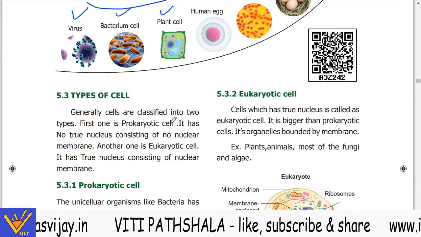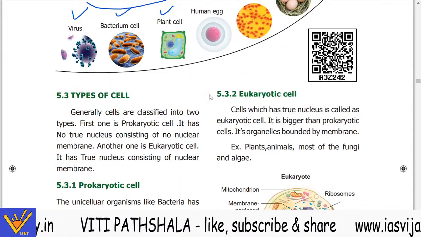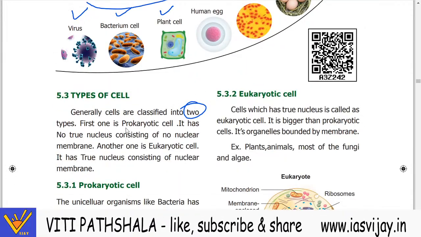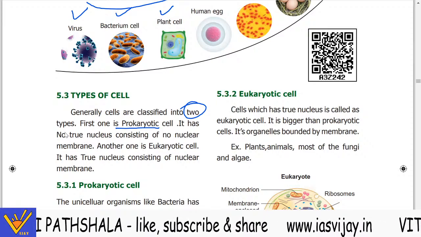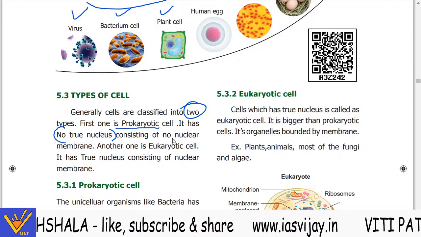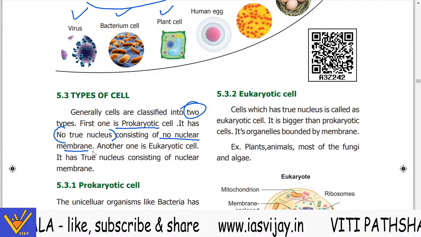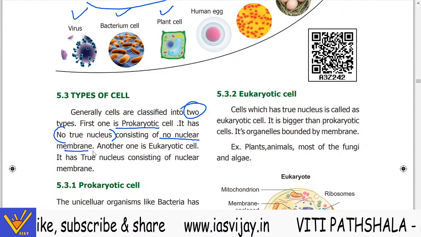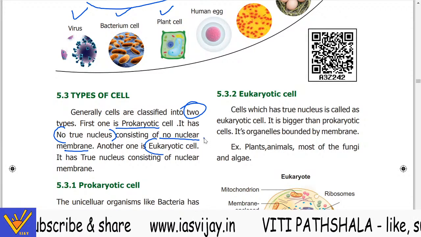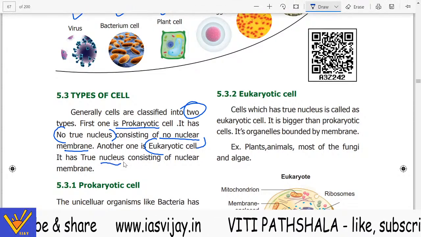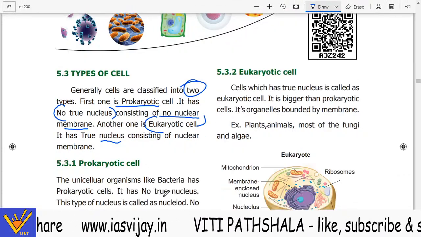Now, types of cells. Generally cells are classified into two types. They are prokaryotic, which has no true nucleus, consisting of no nuclear membrane. Another one is the eukaryotic cell, which has a true nucleus consisting of a nuclear membrane.